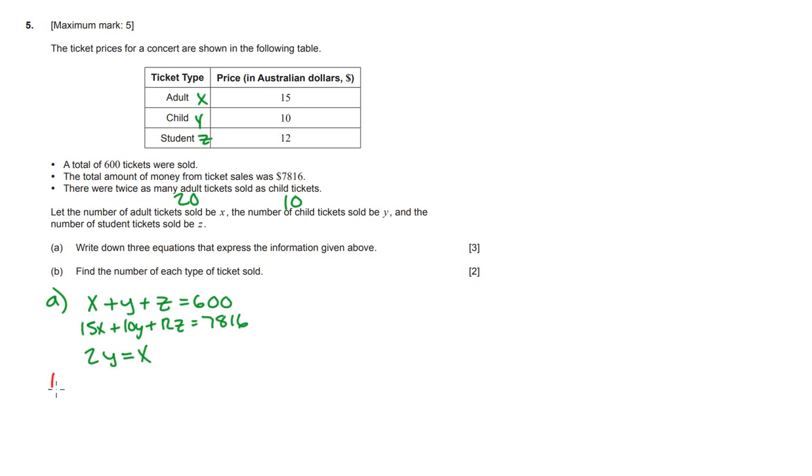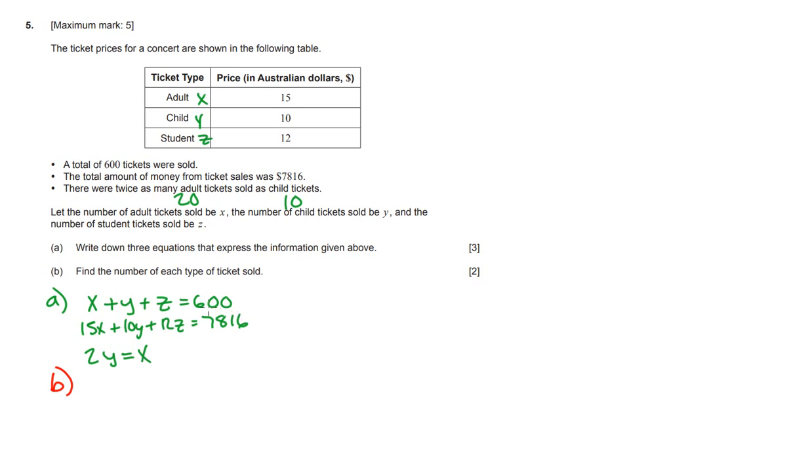Part B says find the number of each type of ticket sold. So we've got these 3 equations and we have 3 unknowns. So we are definitely going to want to use our PolySimult 2. We'll pull the calculator up here. But first we want to have all the X's, then all the Y's, then all the Z's, and then the numbers.